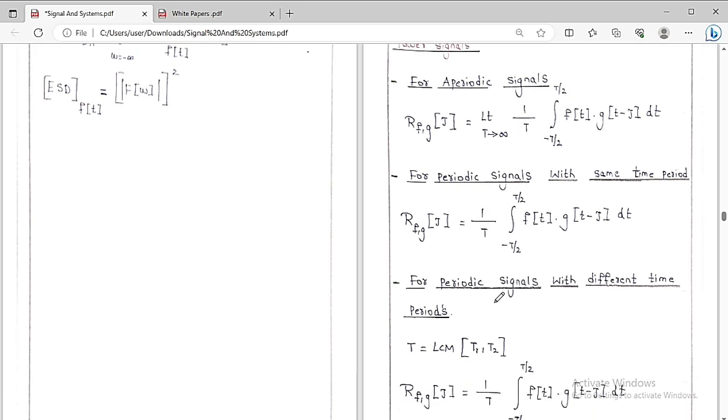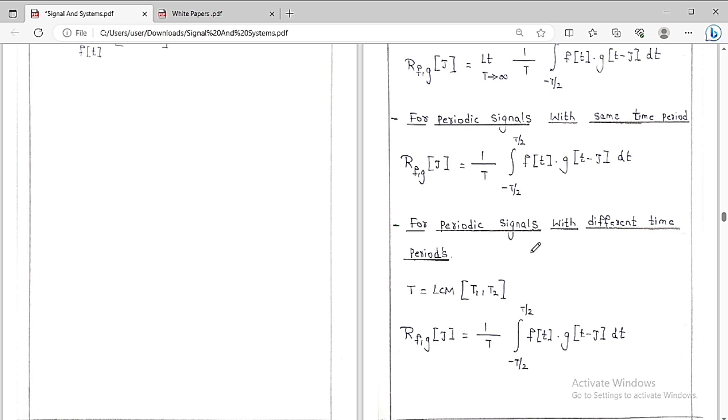Now the next point is periodic signals with different time periods. Suppose f of t is a periodic signal with time period T1, and g of t is also a periodic signal with time period T2. Both these time periods are different, so we have to find the common time period. The common time period T is the LCM of T1 and T2.